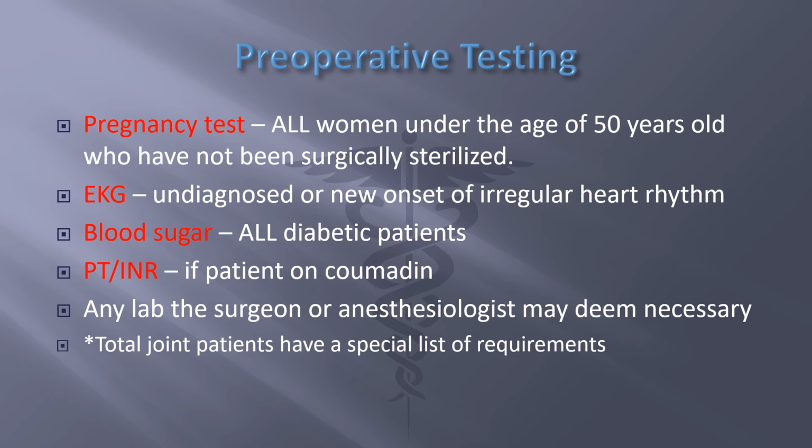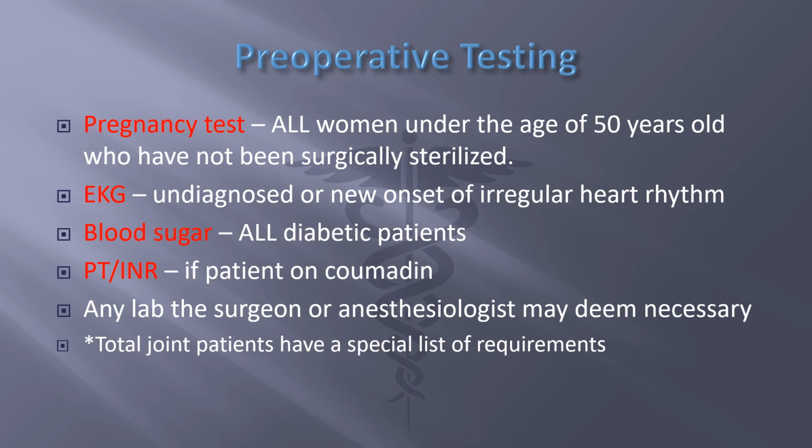Now, all diabetics must have blood sugars. If they're on the floor, we need to know what their last blood sugar was and the last time they received their insulin or their diabetic medication.